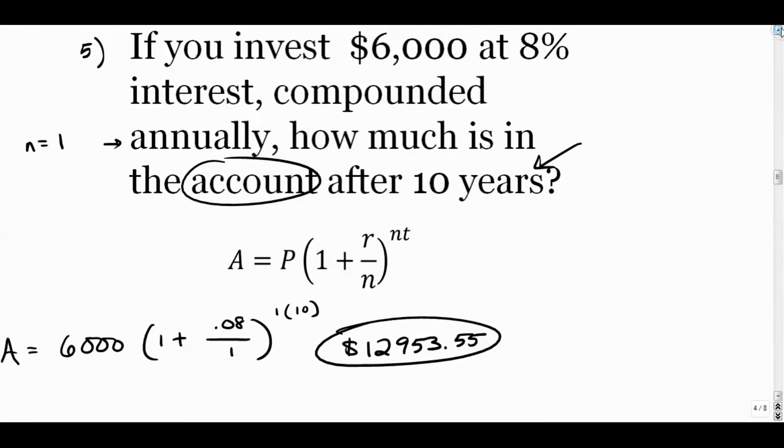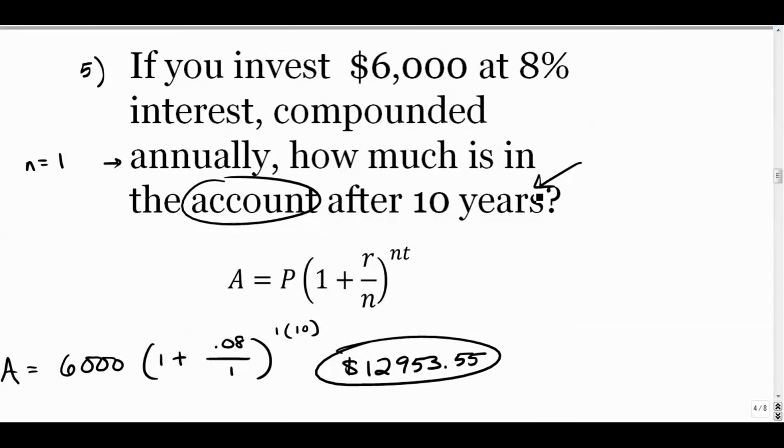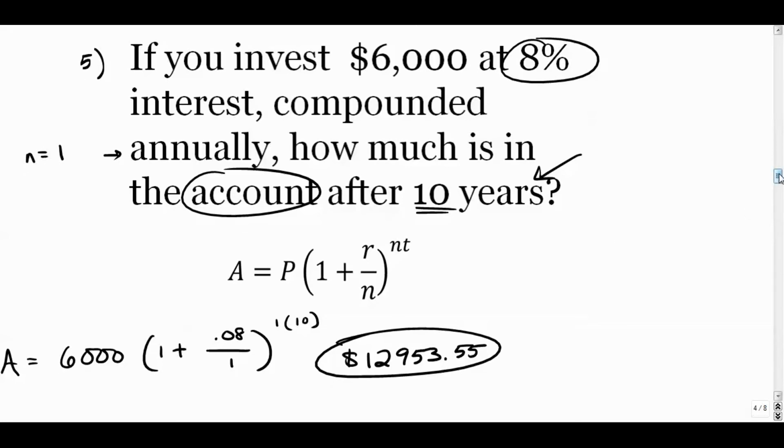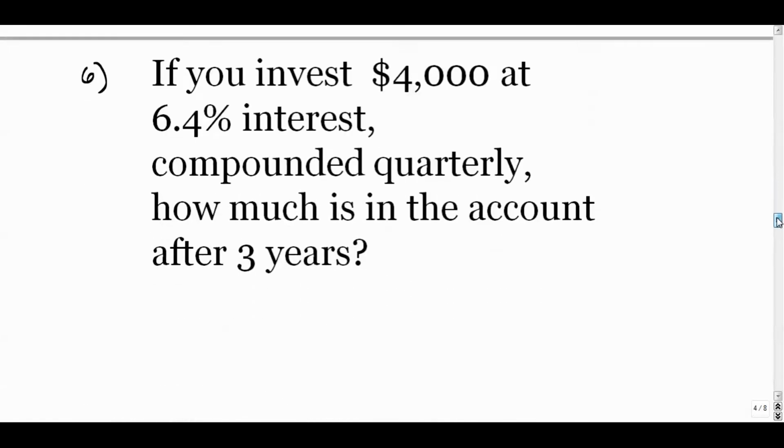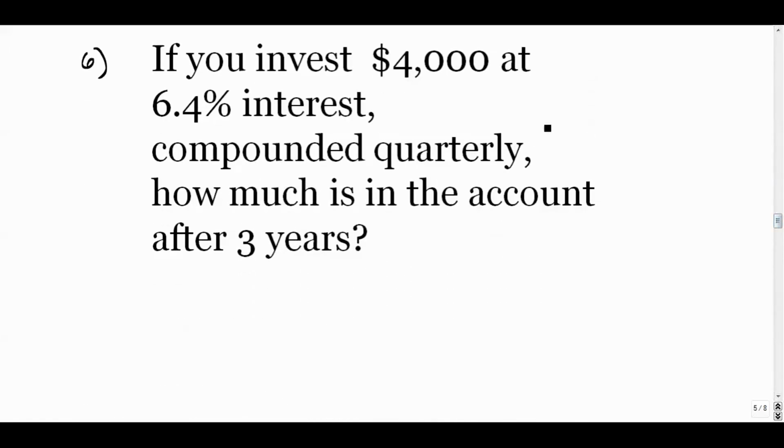So if you think about that, 10 years, your account has more than doubled. You have a really good interest rate. You put in a lot of money to begin with, and now you're sitting 10 years later with almost $13,000. That's really, really good. Number 6. Here we're compounding quarterly. That means 4 times per year.